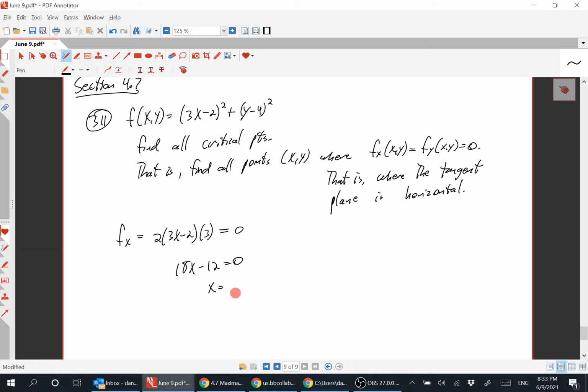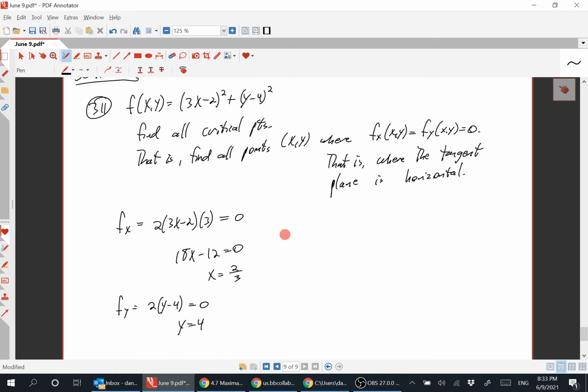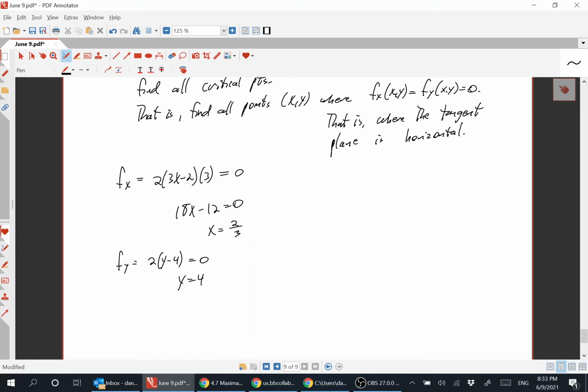So you just solve this one straight away. So that's x equal to 2/3. And the partial derivative with respect to y is 2 times (y minus 4). Set that equal to 0. So that immediately gives you y equals 4. So that's the only critical point. So 2/3 and 4 is the only critical point for f of x, y.